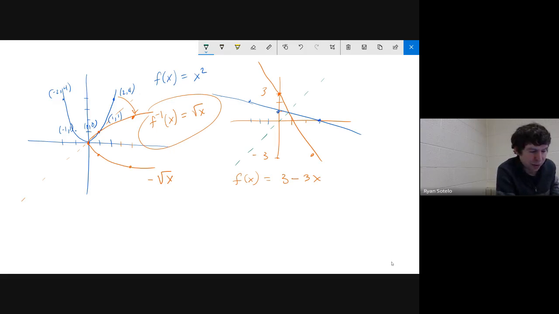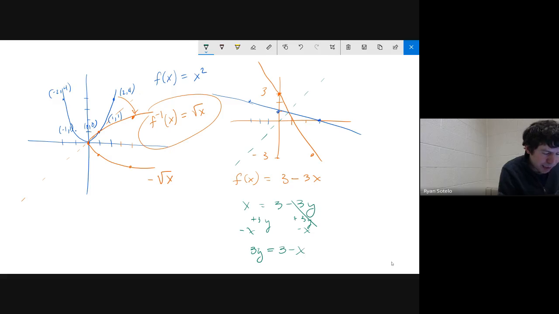But you can also do that like we did before: call this x, put the y where the x used to be. You're flipping your inputs and outputs, and then solve for y again. So I could add 3y to both sides, and then subtract x. So I would get 3y is equal to 3 minus x.